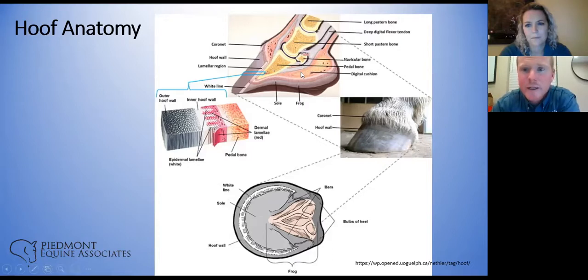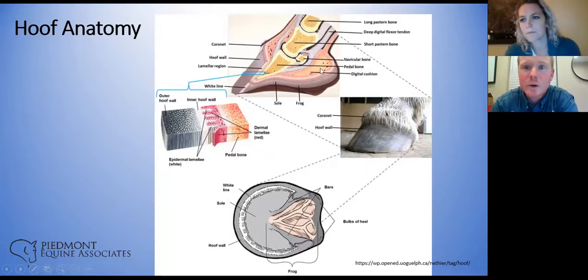The other area you'd like to pay attention to in the balance of a horse's hoof is the caudal heel, or the back part of their foot, with the digital cushion. A lot of horses that have negative palmar angles, and we'll go into that, have an imbalanced foot and land more on their digital cushion, and they have a lot more problems with the vasculature in their foot.